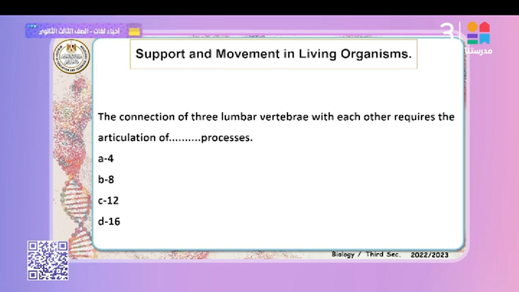Another question. The connection of 3 lumbar vertebrae with each other requires how many articulating processes? Pay attention, please, and follow me. You have 3 vertebrae, for example vertebra number 17, 18, 19. 19 connects with 18 with the anterior articulating process. 18 connects with 19 with the posterior articulating process.